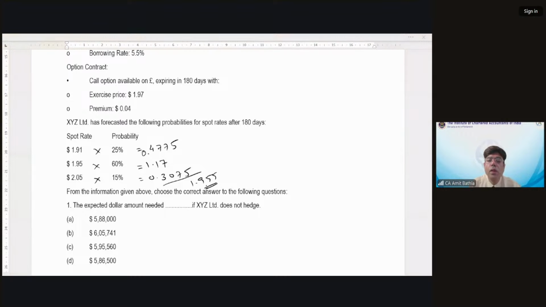1.955 into, this is the exchange rate, and I need how much? 300,000 pounds. So that is 586,500.